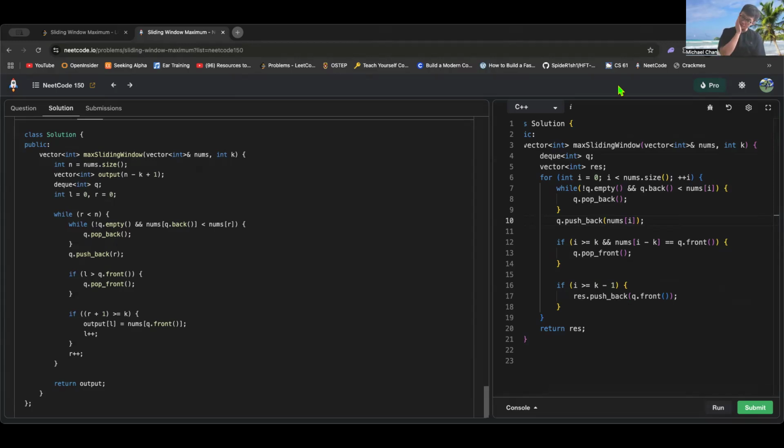So while q is not empty and q back is smaller than nums i, I'll get rid of all the numbers, and then I'll push in the biggest one, right? And then if i is bigger than k and nums i minus k, which should be the leftmost element, is equal to q front, then I'll pop it.